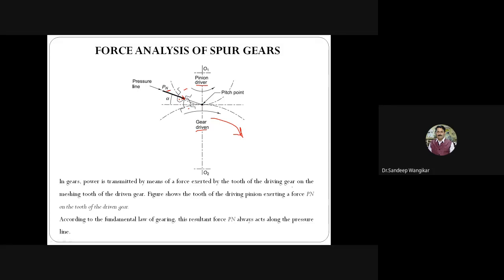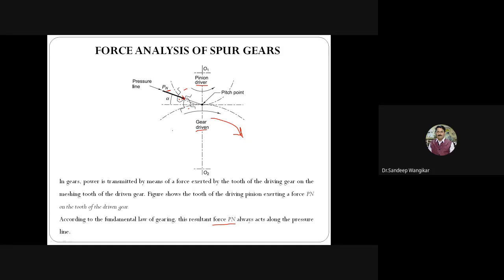This figure shows that the total force is Pn. It is the resultant force, and due to this force only the gear is driven. According to the fundamental law of gearing, which you have already studied, the resultant force Pn is always acting along the pressure line.